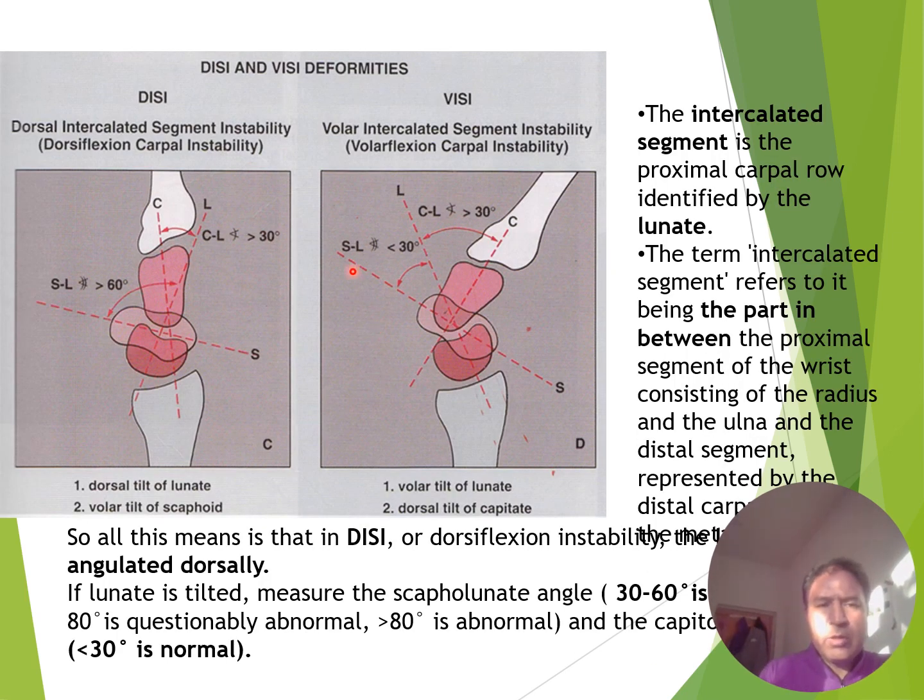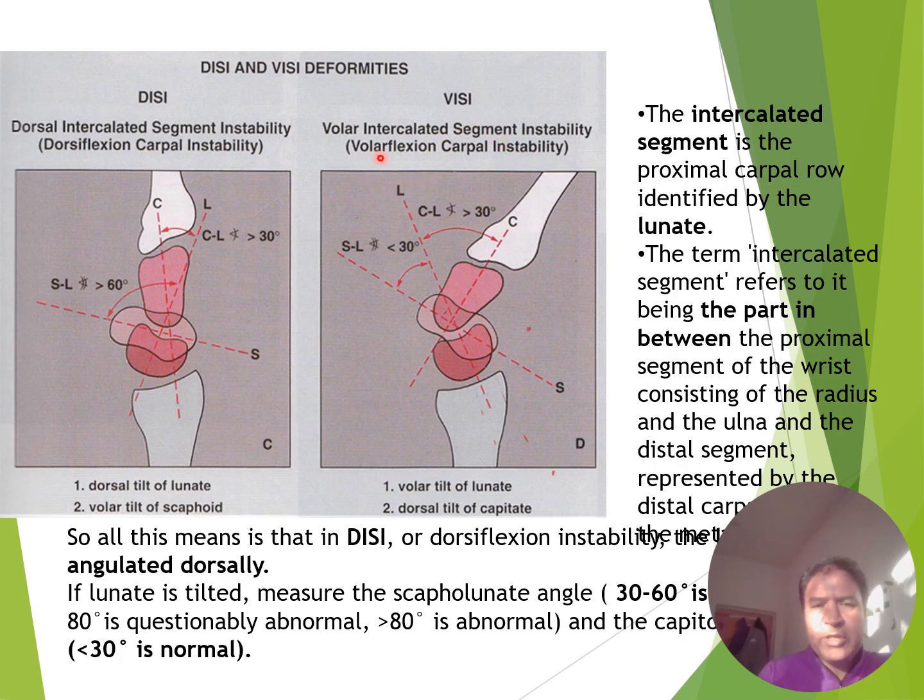Now we have DISI and VISI deformities. What are DISI and VISI deformities? DISI is dorsal intercalated segment instability, dorsiflexion carpal instability.